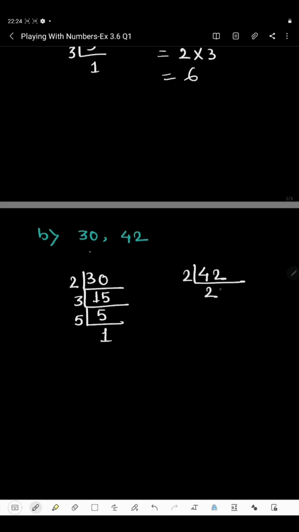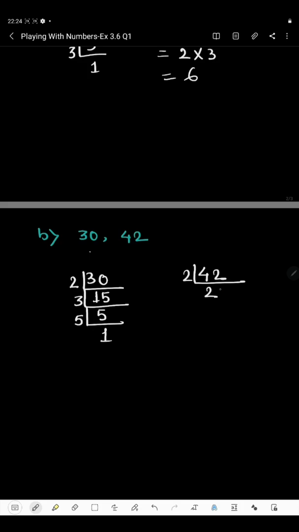Now this is step 1. We have written the factors of the given numbers, which are 30 and 42. After this we will circle which are common. Here we can see 2 is in the factors of both 30 and 42, so 2 is a common factor. After this we have 3 also, but here is 5 and here is 7, so these are not common.